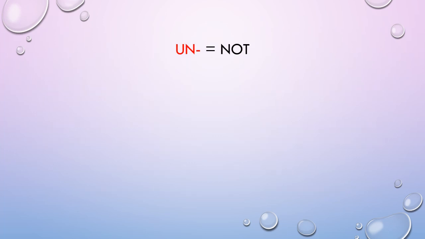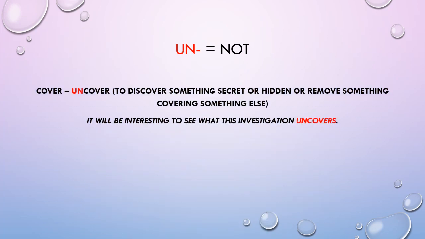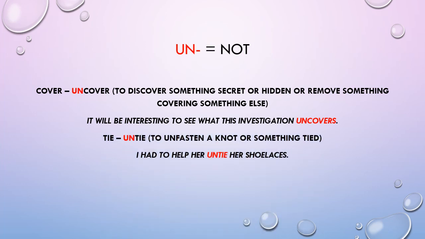The meaning of the prefix un is not. For example, cover and its opposite is uncover, which means to discover something secret or hidden or remove something covering something else. For example, it will be interesting to see what this investigation uncovers. Another example, tie and untie, which means to unfasten a knot or something tied.